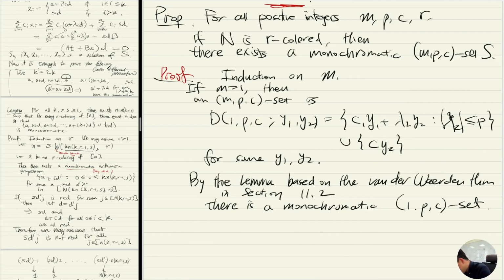So there is the choice y1 and y2, such that this is monochromatic. So if m is 1, then it's trivial. I mean, it's not trivial, but you can apply that.